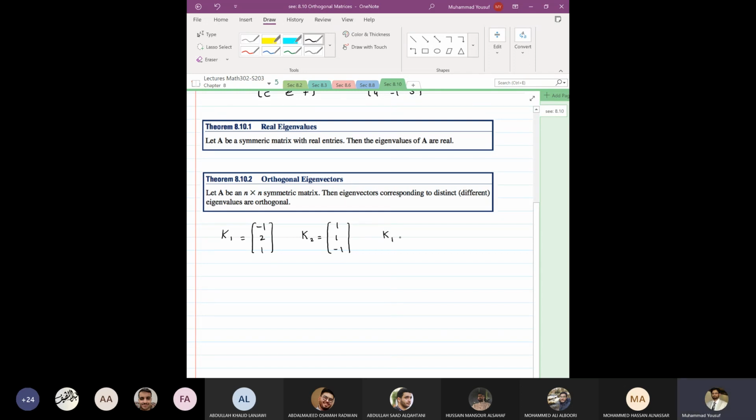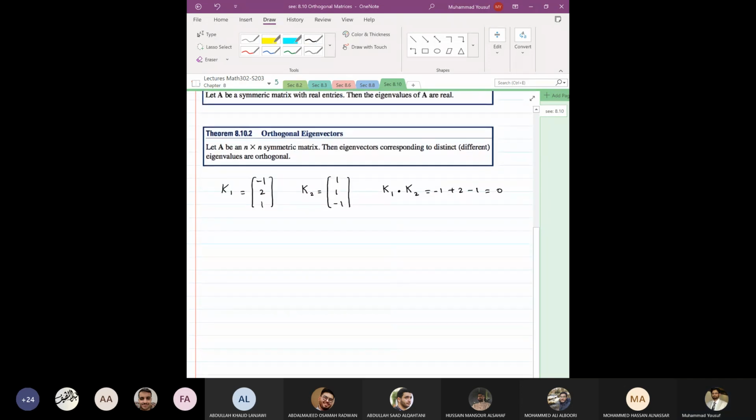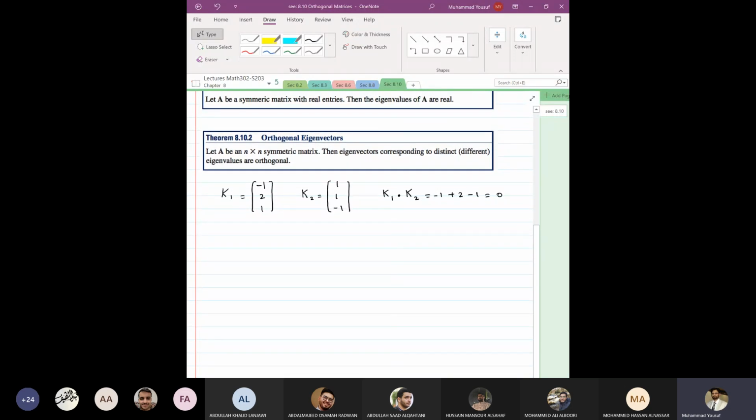Then what is K1 dot K2? 1 times -1 is -1, plus 2 times 1 is 2, plus 1 times -1 is -1, and this is equal to 0. So these two vectors are orthogonal vectors.